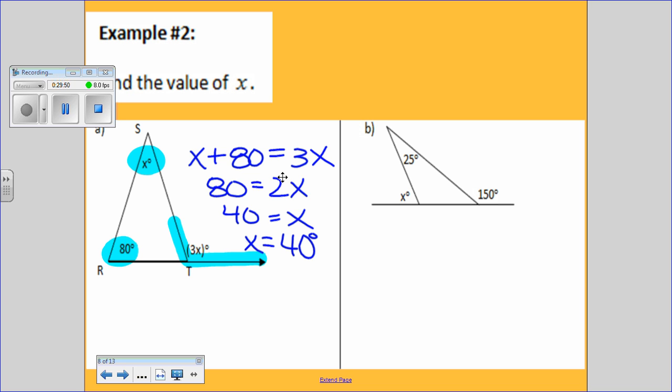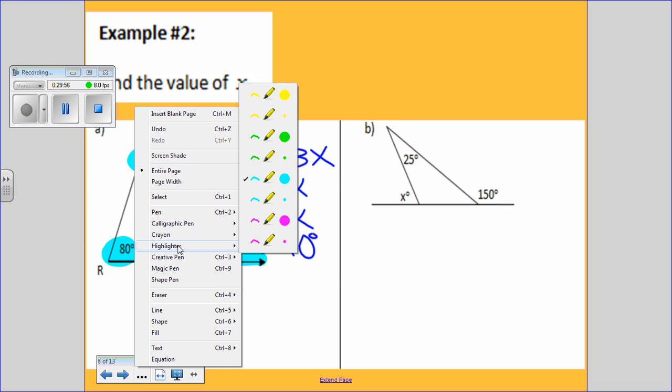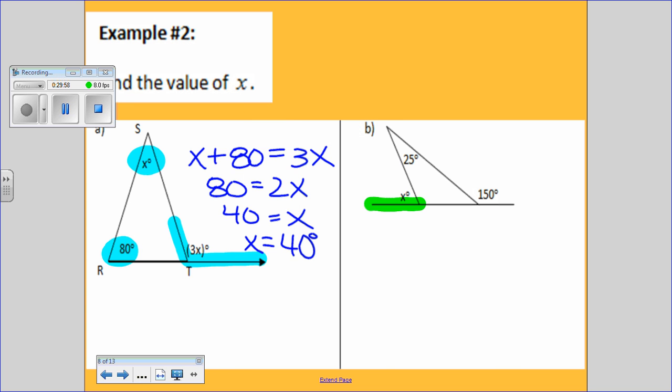Letter B is a little bit trickier. Trickster, trickster. Let me highlight for you. Which two angles are my non-adjacent interior angles?